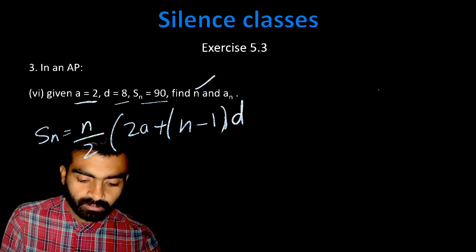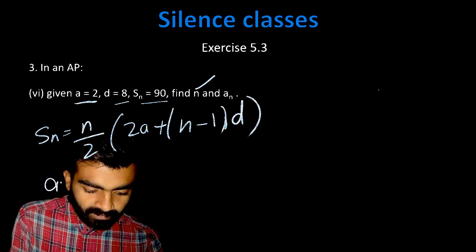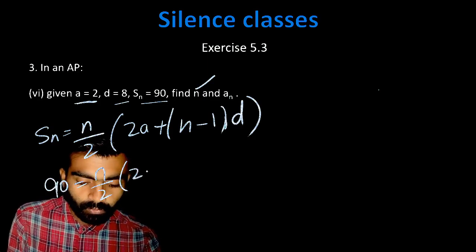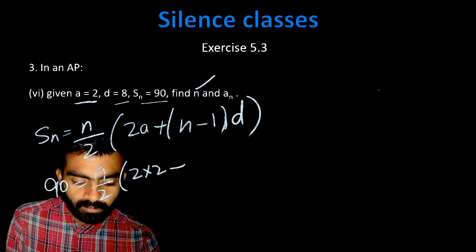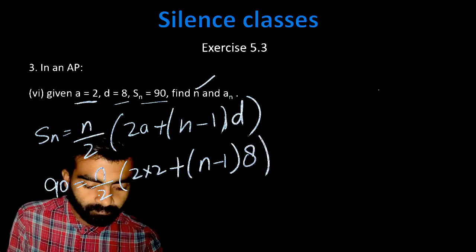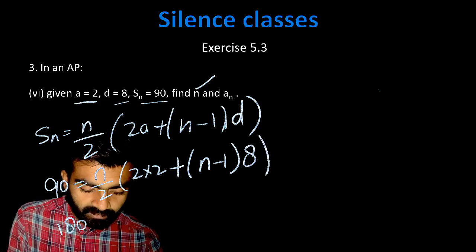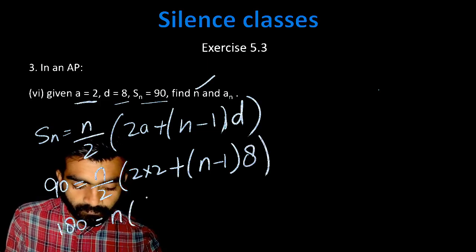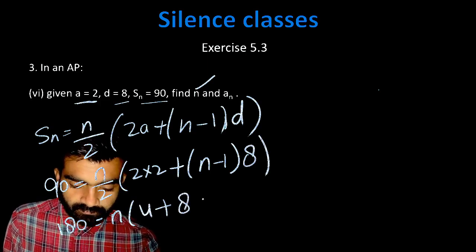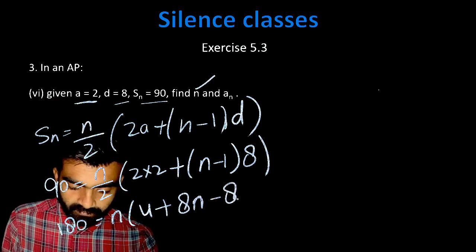Okay, the n terms. So Sn is equal to 90, and we have to find n. So n upon 2 multiplied by a, which is given, that is 2, plus, and we have to find, n minus 1, and common difference we are having 8. So we will send 2 to the right hand side, so we will get 180 is equal to n [4 plus, once we open the bracket, 8n minus 8].